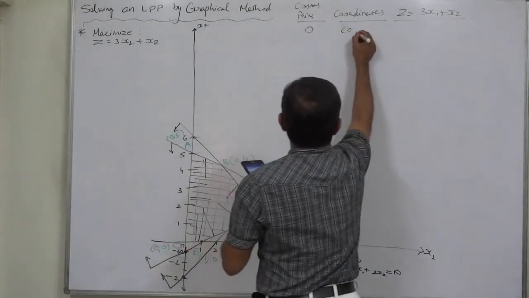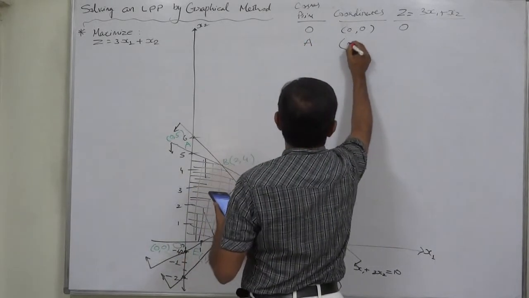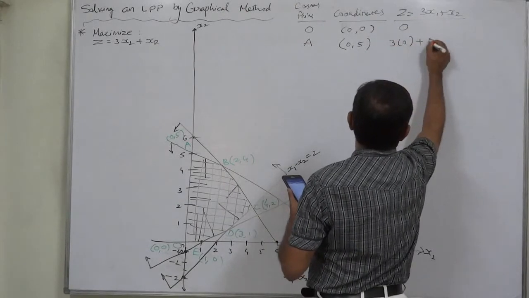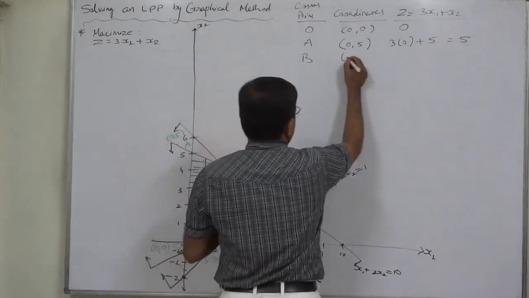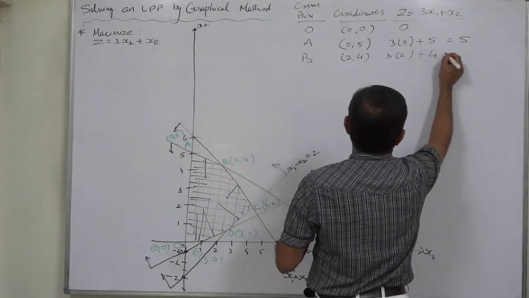Corner point O, 0, 0, so everything is 0. Corner point A, it is 0, 5, so it is 3 into 0 plus 5, so it is 5. At B it is 2, 4. 3 into 2 plus 4.